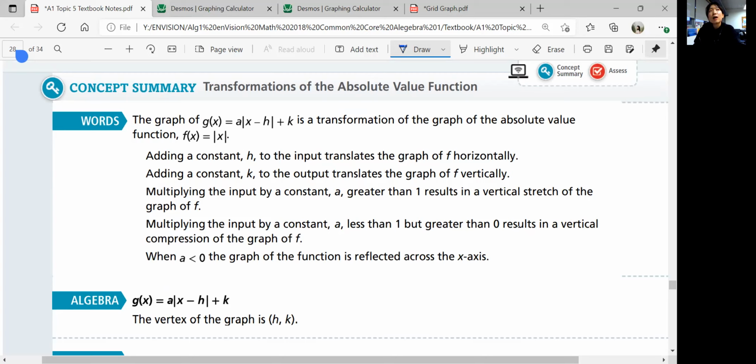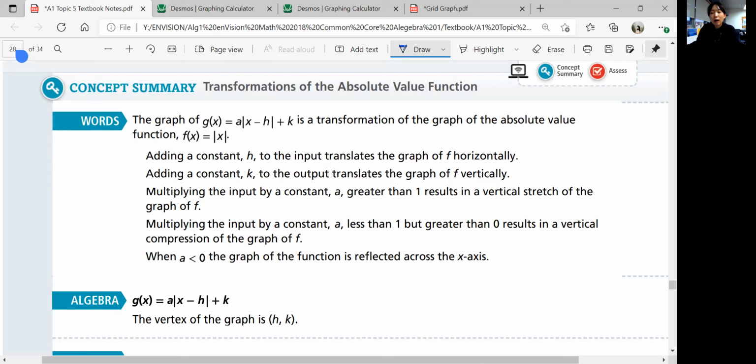And if it's a negative number, then it gives a reflection across the x-axis. Okay, and always the vertex of the graph must be (h, k). Always, always.